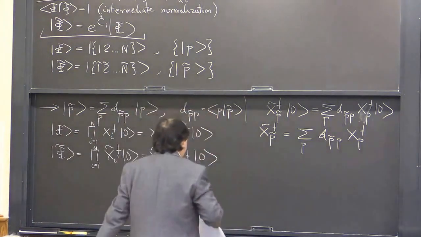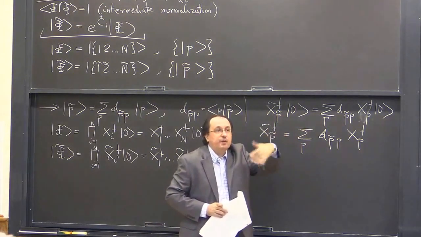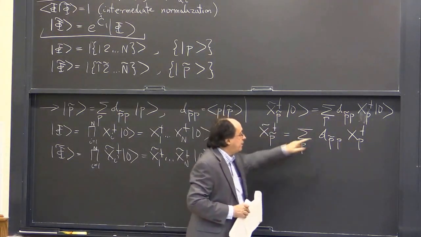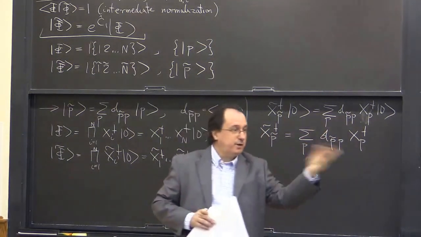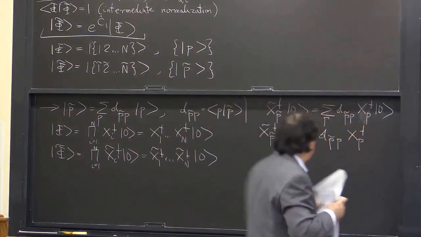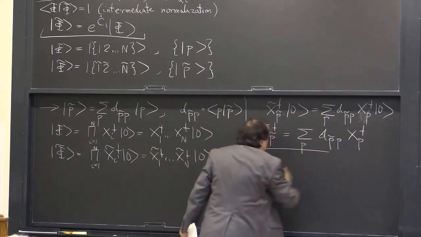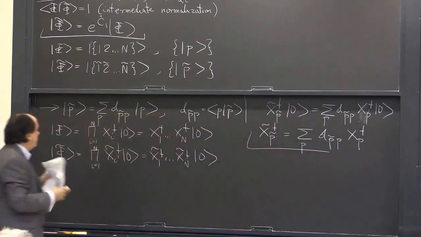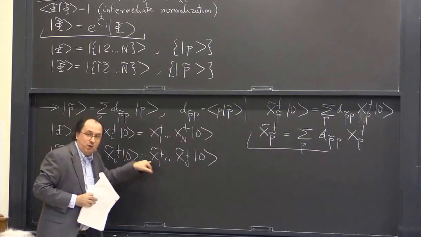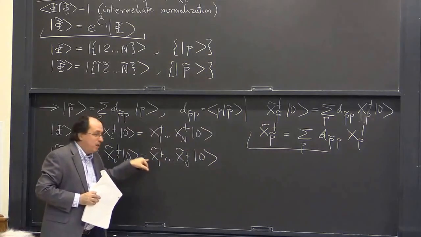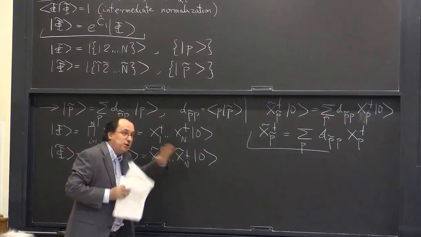Of course, you could write a similar relationship for the annihilation operators. We don't need them, so I'm not going to write it, but you can easily see that all you need to do is to form a complex conjugate of the d coefficients, and then you would have a relationship for the annihilation operators. We are actually not interested in this formula for any p tilde. If you go back to our definitions of phi and phi tilde, I actually want to know what these creation operators are where our index runs from 1 to n. That's all I really need.